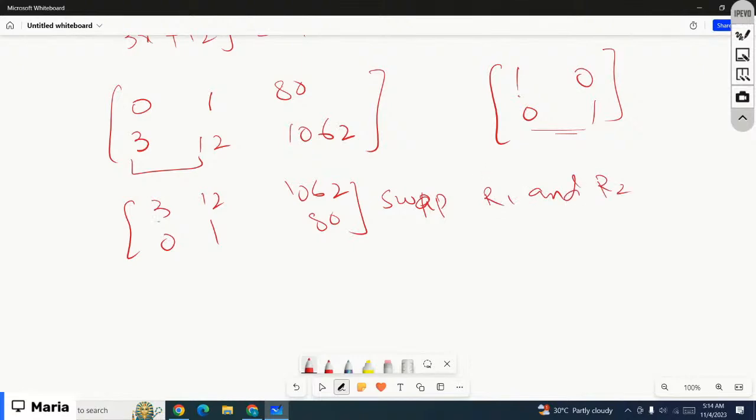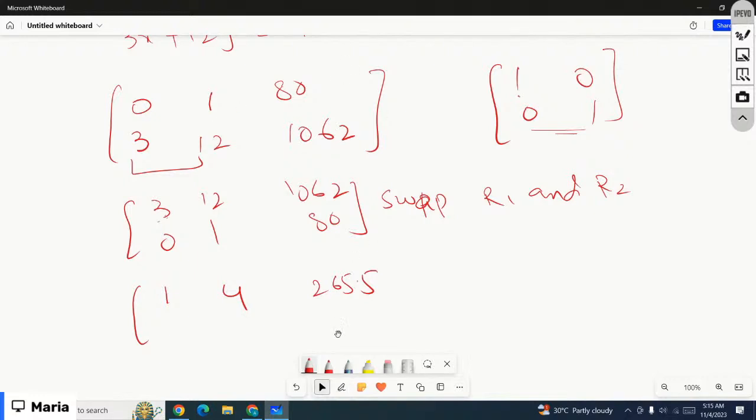Okay, now you need to make a 1 here, so divide this row by 3. So that would be 3 by 3 is 1, 12 by 3 is 4. 1062 divided by 3, that is 354.